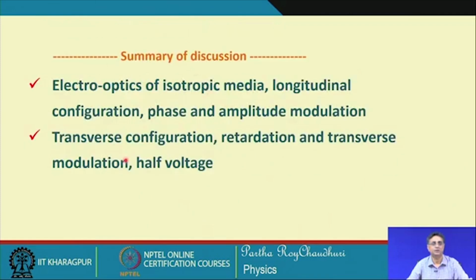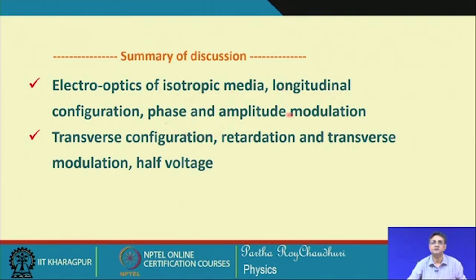The summary of this discussion is that we started with the electro-optics of isotropic media, and then we discussed the basic configurations, how the crystal has to be configured with respect to the propagating light and the applied voltage, so that it can be used as a longitudinal phase modulator, and in the transverse configuration also how it can be used for amplitude modulation.